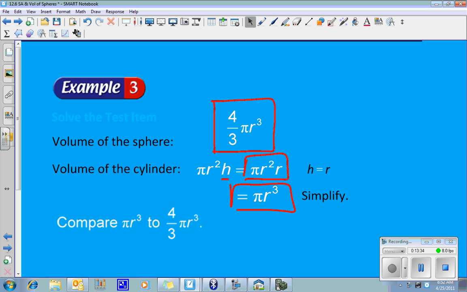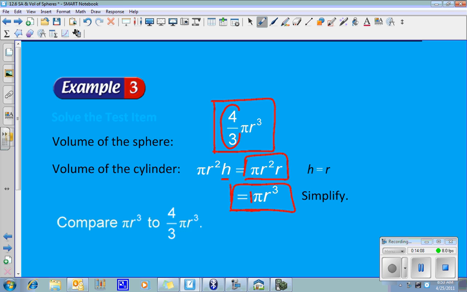What's the difference between those two formulas? 4/3 pi r to the 3rd and pi r to the 3rd. Okay, so the sphere is multiplied by 4/3. Now my question is, which one's bigger, the sphere or the cylinder? 4/3. Is it a number bigger than 1 or smaller than 1? Because there's a 1 in front of this pi r to the 3rd, even though we don't see it. Okay.